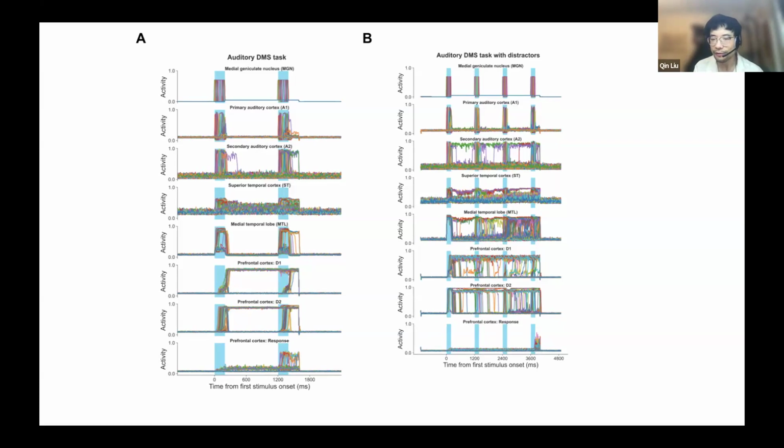If the distractors are very prominent, they will interfere with the memory that it holds in the working memory circuits. This is very realistic, but actually we never knew the dynamics underlying this, like how distractors make us forget things. And this is the main conclusion of this study.